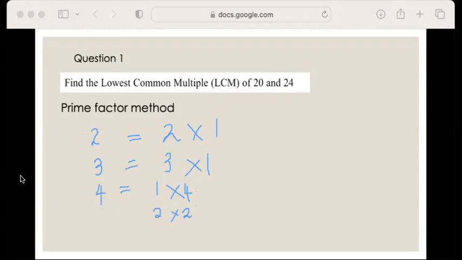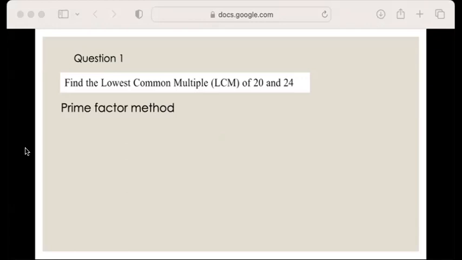So therefore, 4 isn't a prime number because 4 can be divided not just by 4 and 1, but also by other numbers, for example 2. Okay, so that's what we mean by prime number, a number which can only be divided by itself as well as 1.